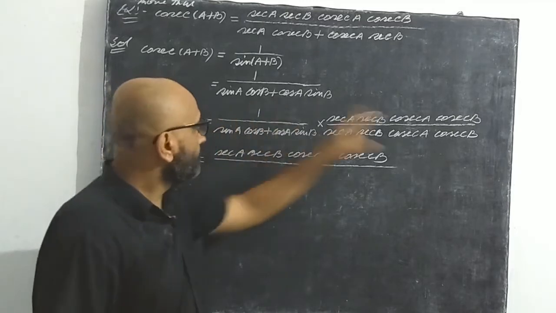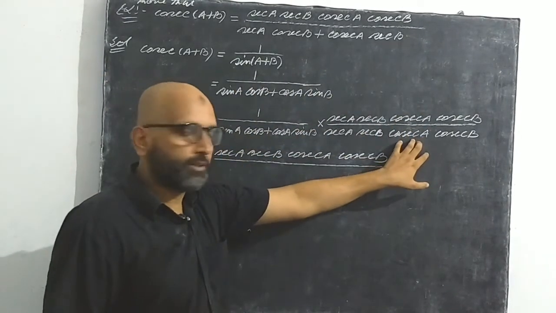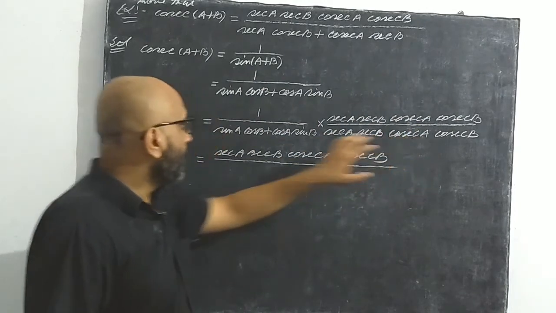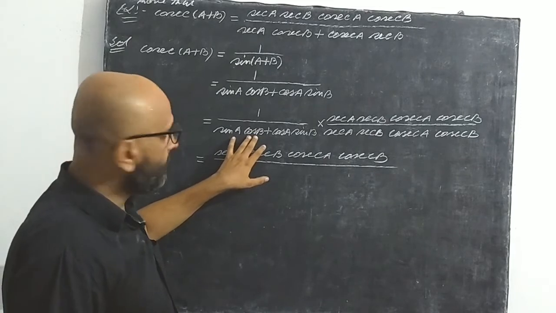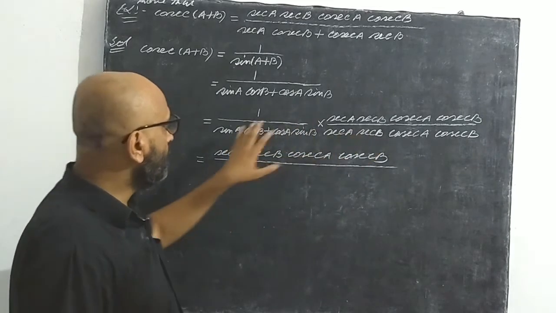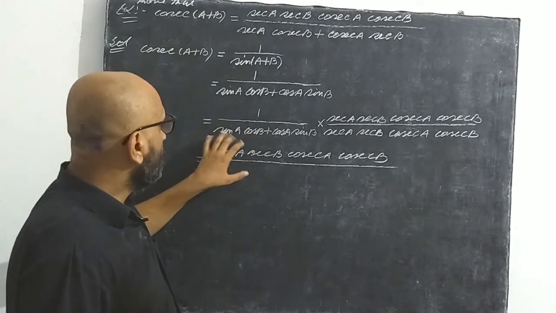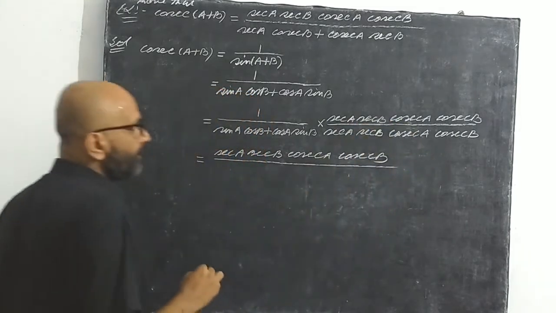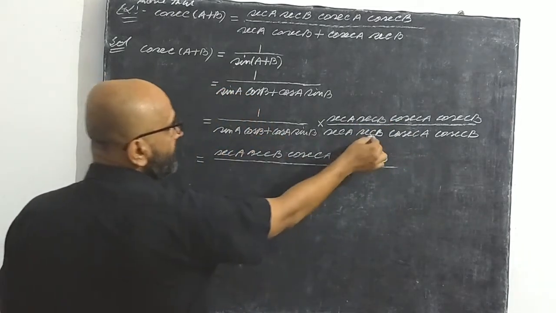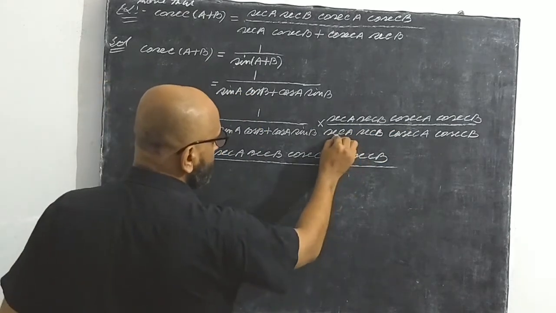So if you multiply this expression and this term, sin A will neutralize cosec A or vice versa, and in the same way cos B is the reciprocal of sec B. So sec B will neutralize cos B or vice versa. So what is left? Sin A and cosec A will be cancelled with each other, and cos B and sec B will be cancelled with each other. So what is left?